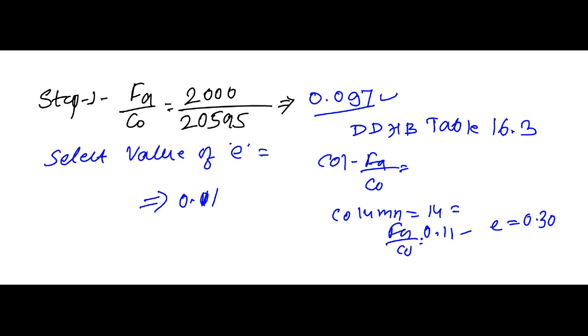Correct. Now you go for the interpolation method to find the value of e for 0.097. So now the value of e is 0.097 into 0.3 divided by 0.11.